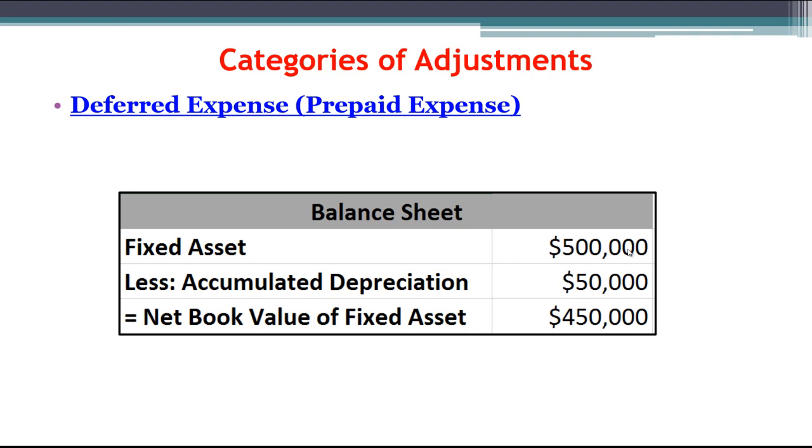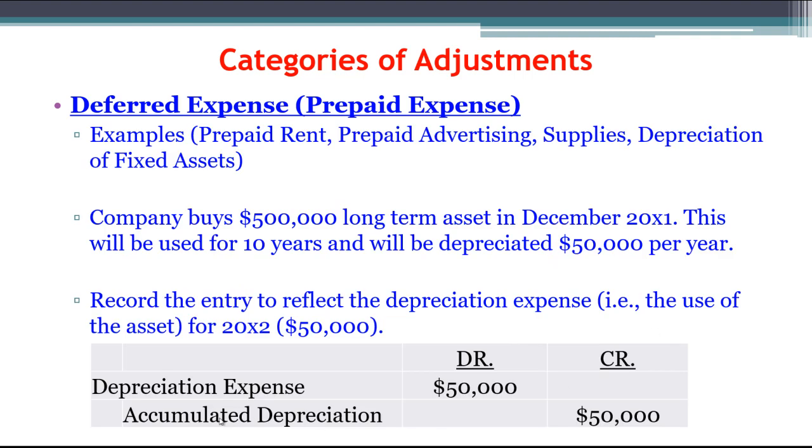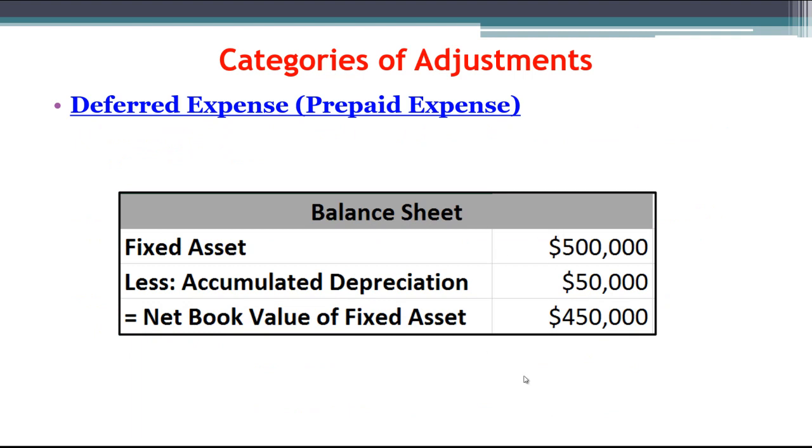So $500,000 fixed asset less this accumulated depreciation we've recorded means that our net book value is $450,000. No different than if we had just directly credited equipment, we'd still have an equipment value of $450,000. It's just another way of valuing it to show both the beginning balance and what we've used up of that asset. We'll cover this topic in 2 chapters from now in fixed assets.